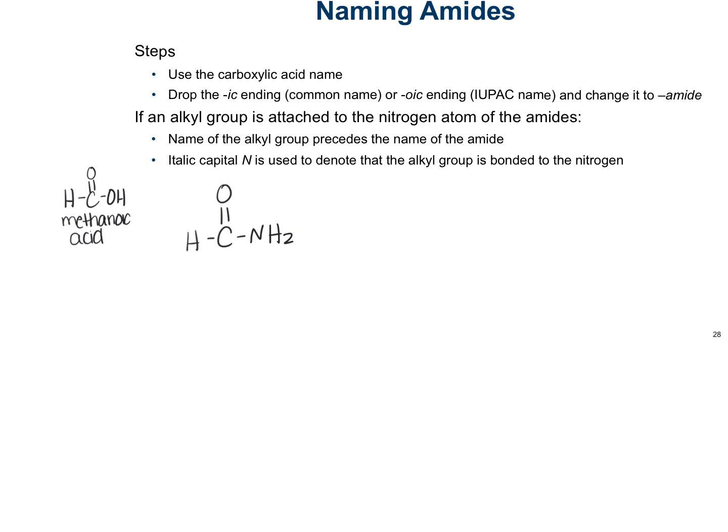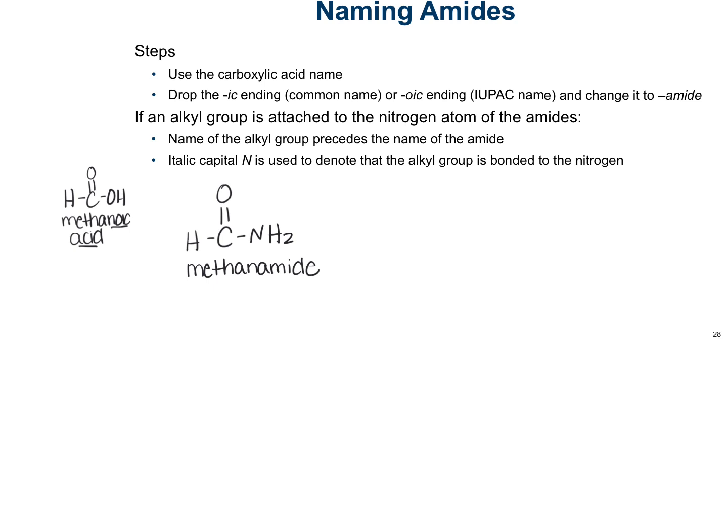So to give this the amide name, we would say, hey, look, this is methane, but now we are going to drop that oic acid part, this part right here, and instead just say, look, it's methanamide.